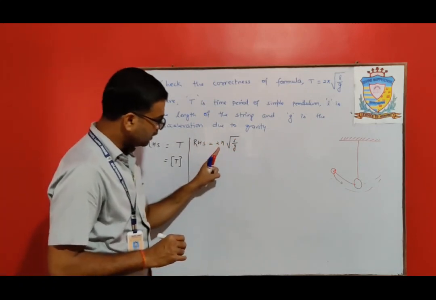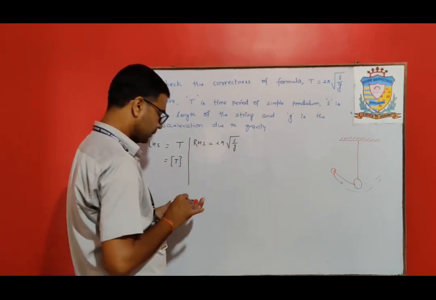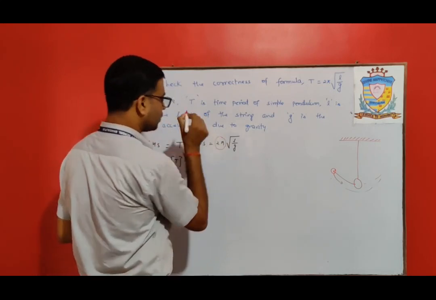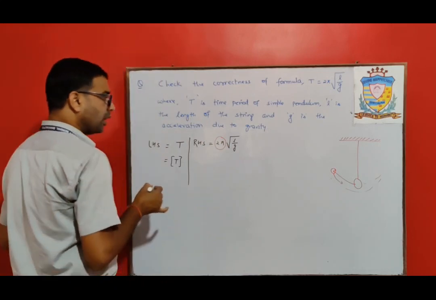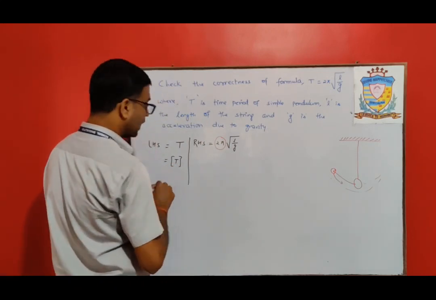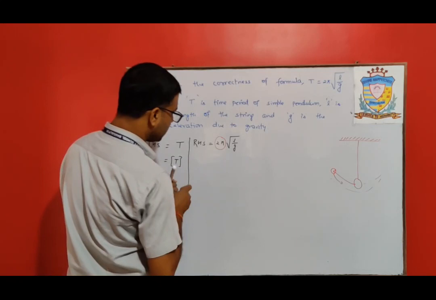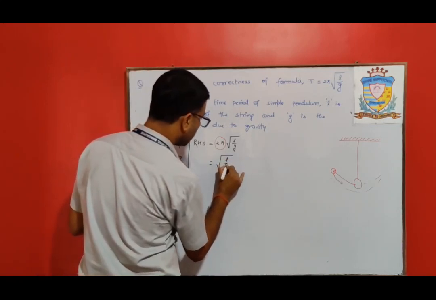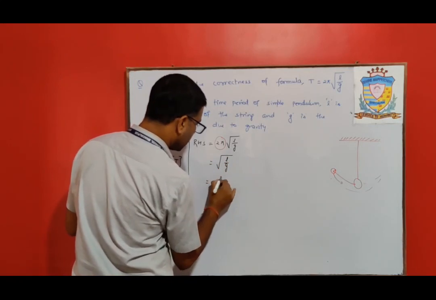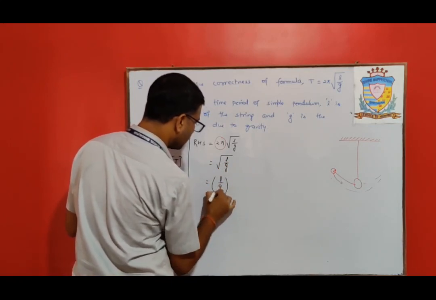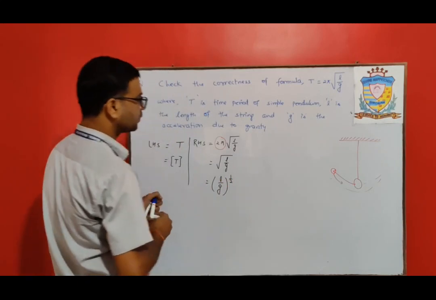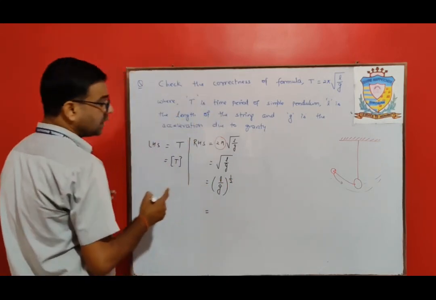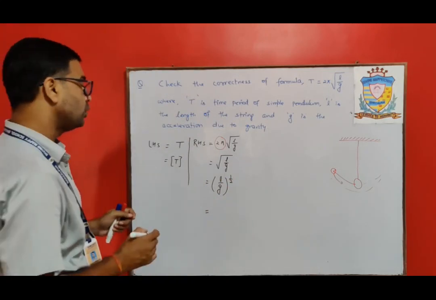This 2 pi is a dimensionless constant, so remove it. Now we have only under root L by g, or this can be written as L by g whole to the power 1 by 2, where L is the length and g is the acceleration due to gravity.